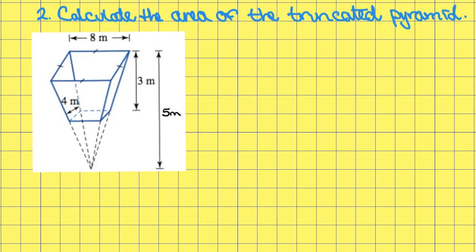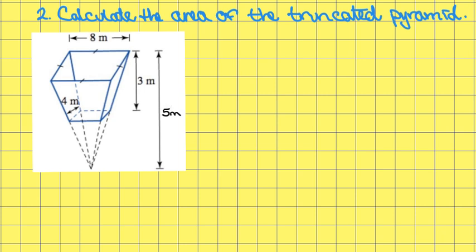Question 2. Calculate the volume of the truncated pyramid. A truncated pyramid means a pyramid with the top chopped off. If you look carefully at how you would make that, you would have a large pyramid with a base of 8 by 8 and a height of 5.